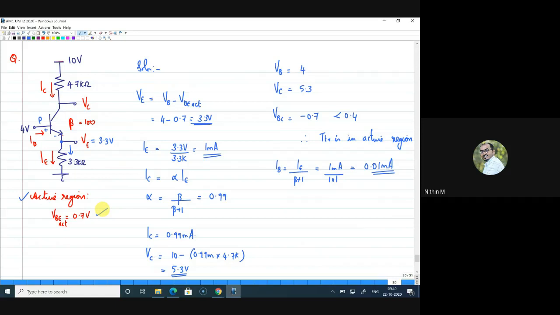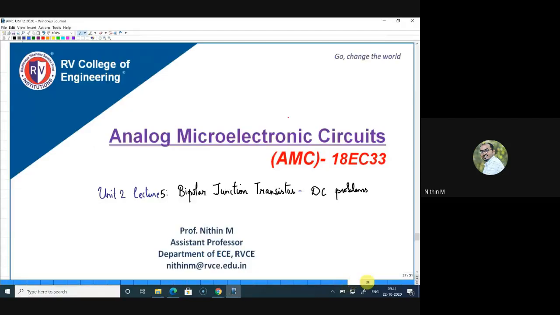Base is connected to 4, and emitter is connected to ground through a resistance of 3.3. So I assumed that the transistor is in active region, because there is a possibility for the transistor to be inactive by looking at the base connection. Since the transistor is active, I have taken the active VBE voltage as 0.7 from my previous discussion.